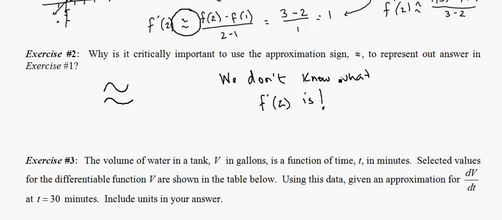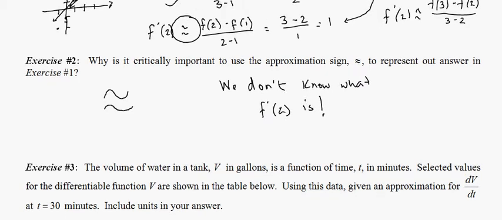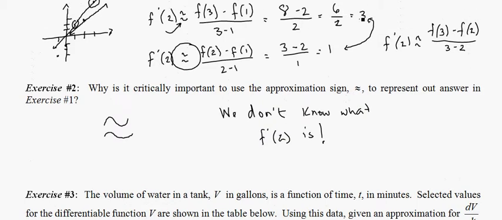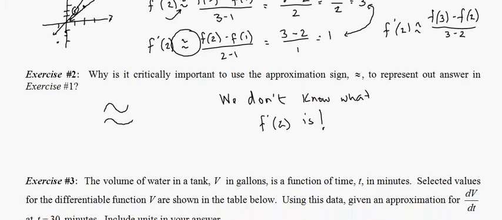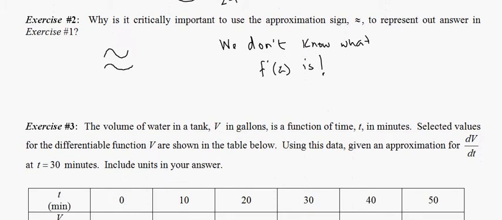That's not to say that f prime of 2 isn't exactly 3, as this answer would suggest, or 1, as this answer would suggest. Obviously, it can't be both of them. But we don't know. So we use the approximation symbol to really get at that idea.